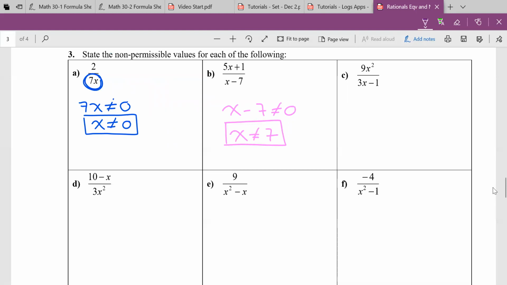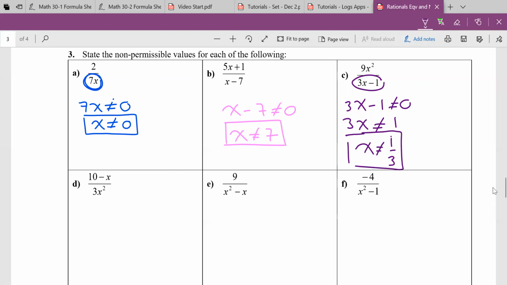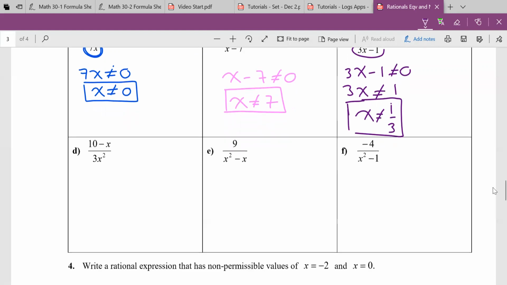3x minus 1. So all I say is I make a little mini equation and isolate for x. Add 1, divide by 3. There it is. That's it. You're just making a little mini equation every time. Okay, let's try a couple more.